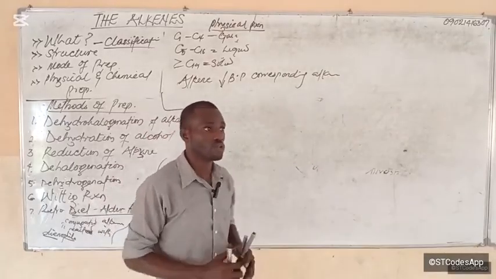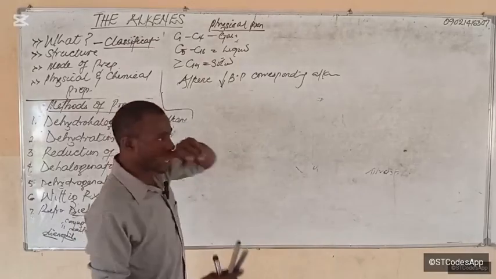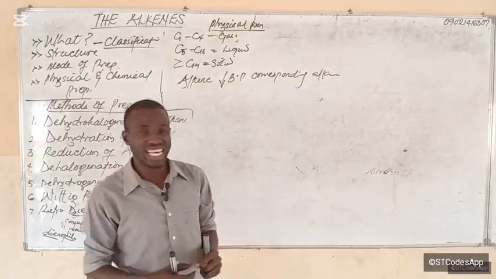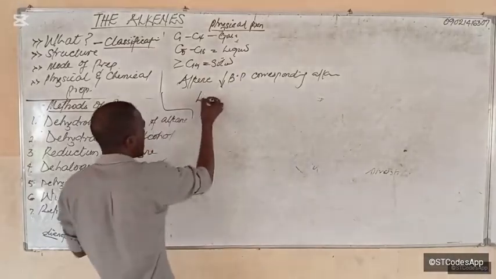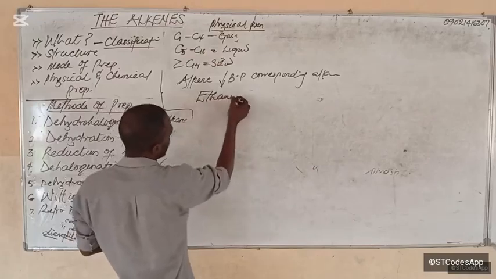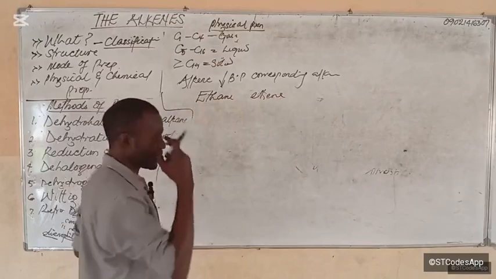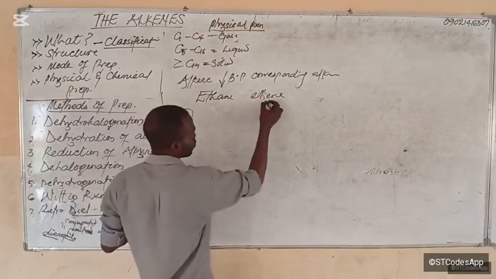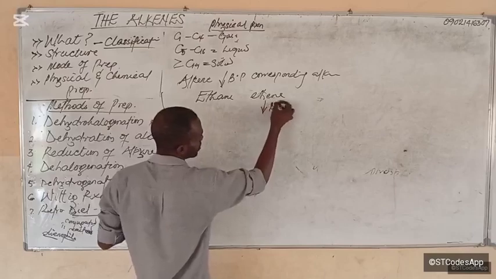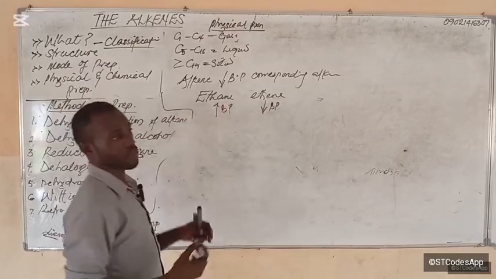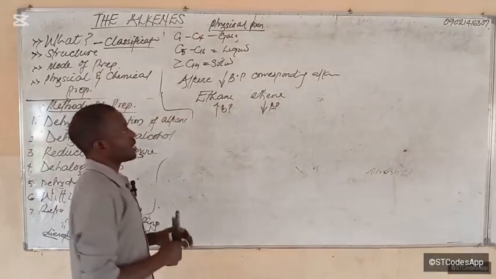Do you understand now? For example, compare ethane and ethene. Even I can't remember that boiling point, but I do know that ethene is going to have a lower boiling point than ethane, which has a higher boiling point. Okay?